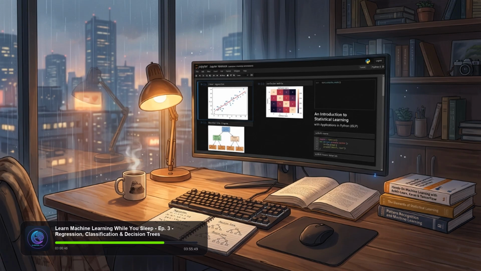The radial basis function kernel, universally known as the RBF kernel or Gaussian kernel, is the most popular nonlinear kernel in machine learning. The RBF kernel computes Euler's number raised to negative gamma multiplied by the squared Euclidean distance between x and z. The RBF kernel possesses extraordinary geometric properties.